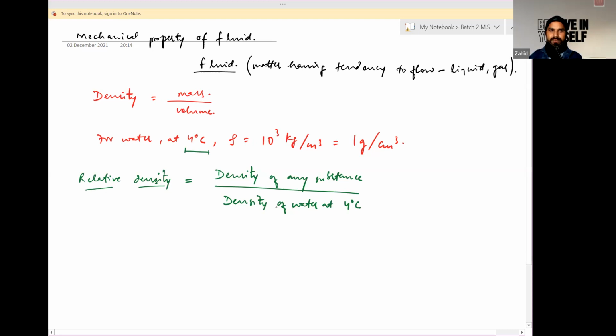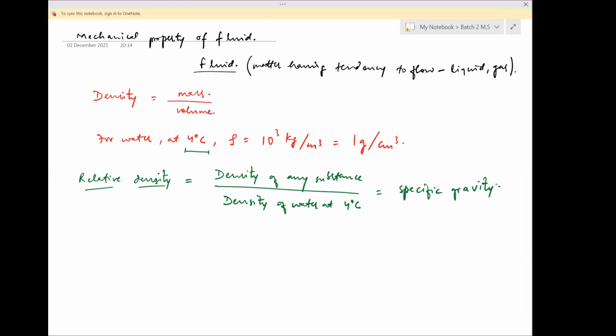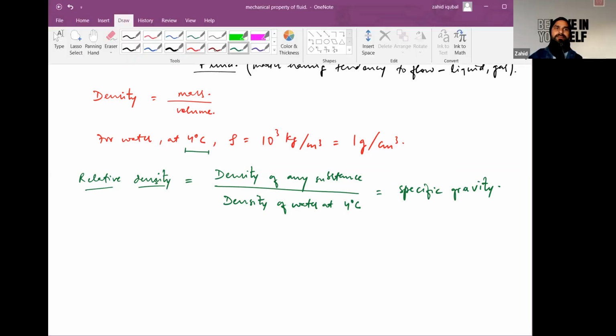So relative density is a unitless quantity. This is also called specific gravity. Is it clear till this part? Yes, sir. Sabita, any doubt? No, sir.